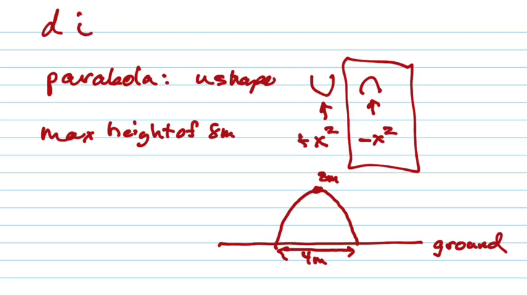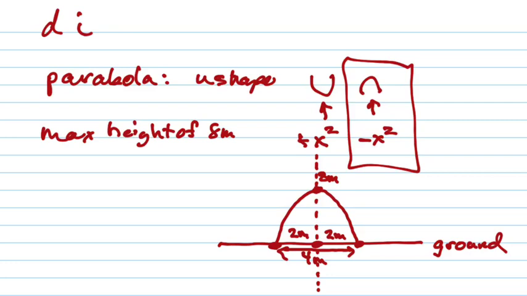One side is identical to the other, right? The point in the middle, that highest point, which is called the vertex, breaks a parabola exactly in half, doesn't it? So that means from here to the middle is 2 meters, and from here to this end is also 2 meters.